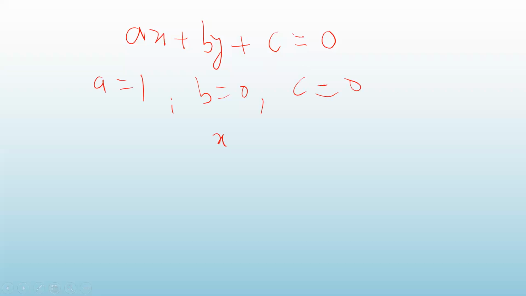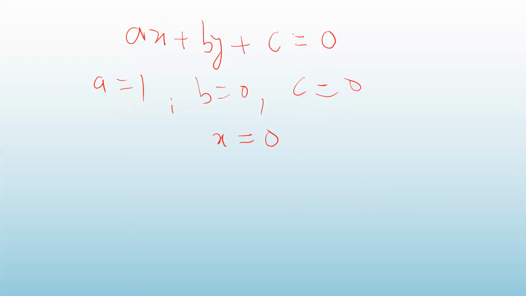And when you put c equal to 0, you will get x equal to 0. And you know what is x equal to 0? It is the equation of which line? Y-axis, correct? The equation of the Y-axis is x equal to 0. So in this way, if you give different values to a, b and c, you get different lines.